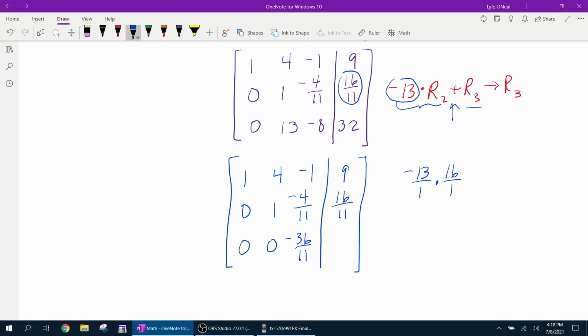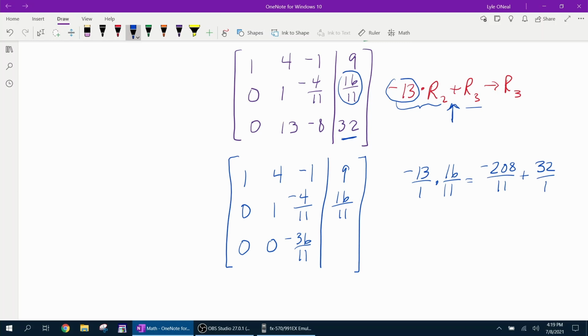All right, and for the last element here, we're going to need to multiply negative 13 times 16/11, which I'm going to write as negative 13 over 1 times 16/11. And multiplying straight across, I'm going to need to know what 13 times 16 is, and that is negative 208 over 11. And then don't forget that we need to add to the corresponding element in row 3. So we're going to have to add that to 32, which I'm going to write as 32 over 1.